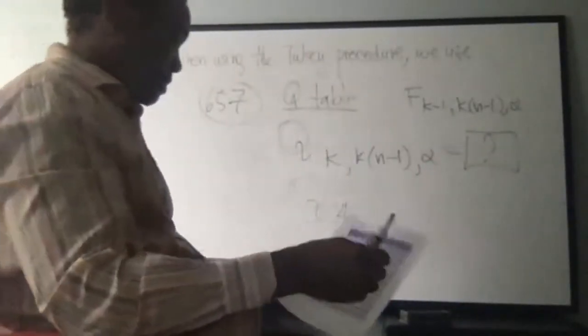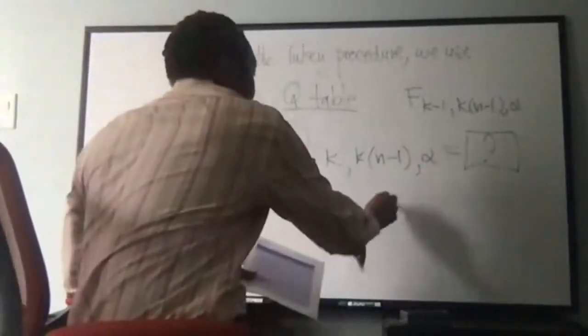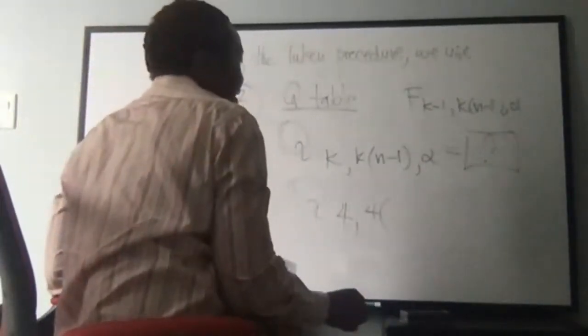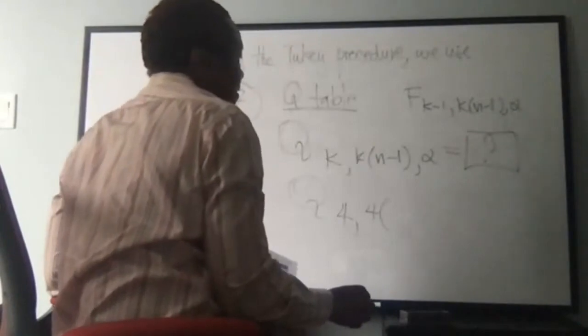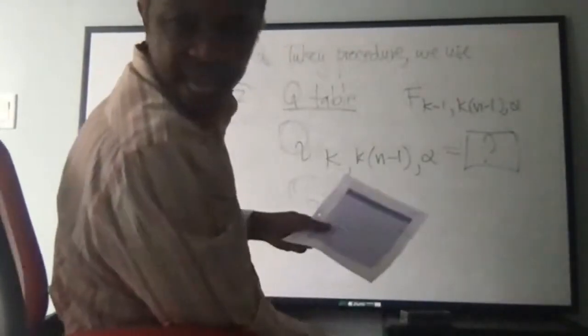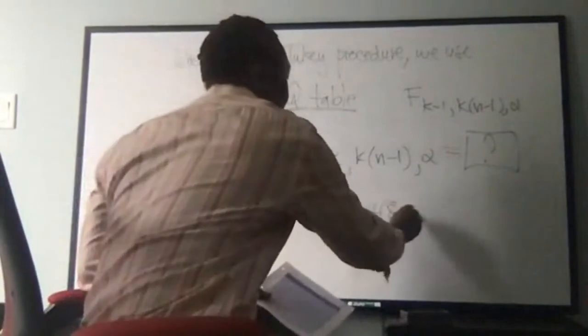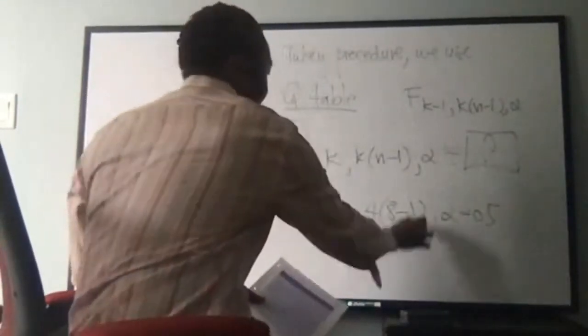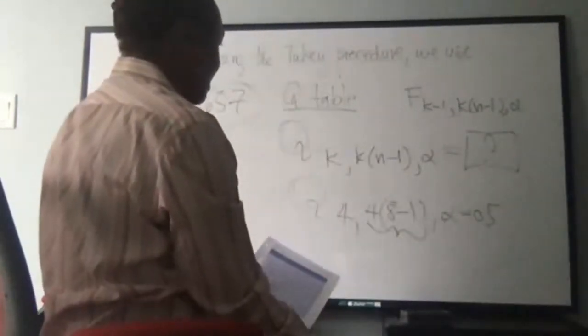And this value here is 4 times N minus 1. What's our N? Is it 8? I think it's 8. And then alpha equals 0.05. What is this right here? Is that the 28? I think that's the 28.